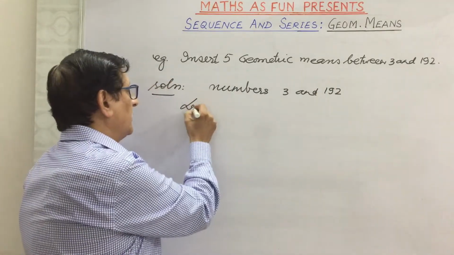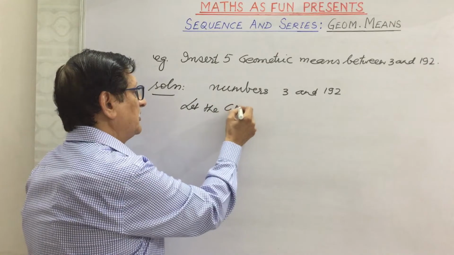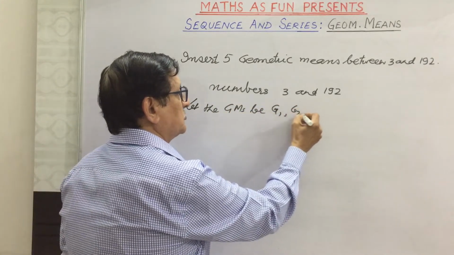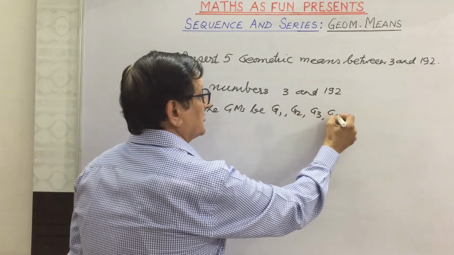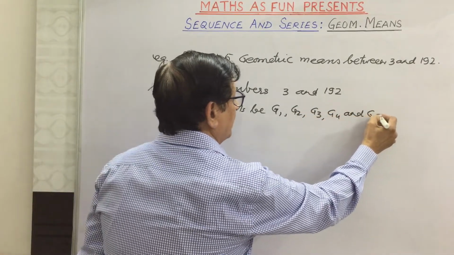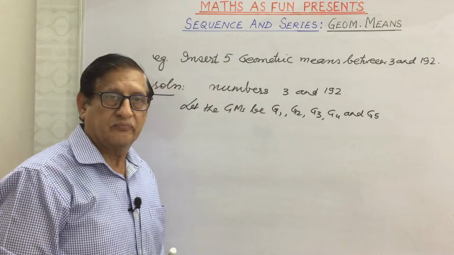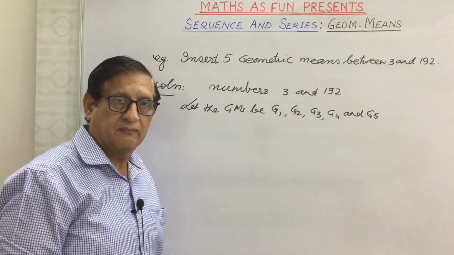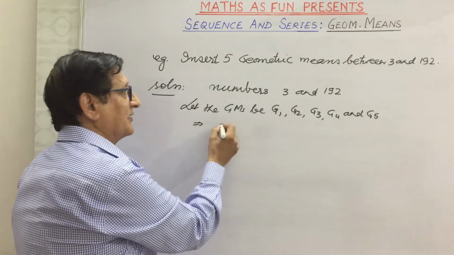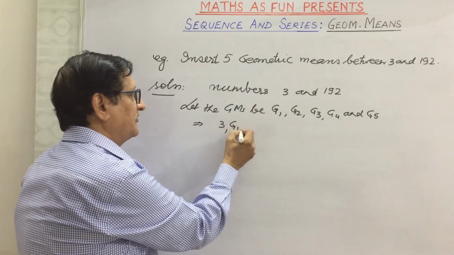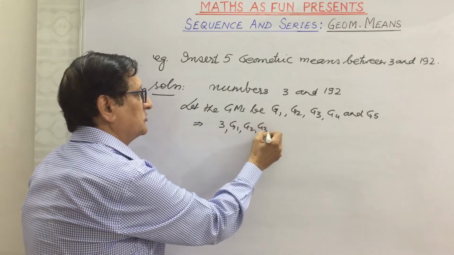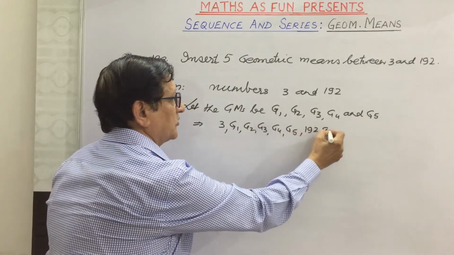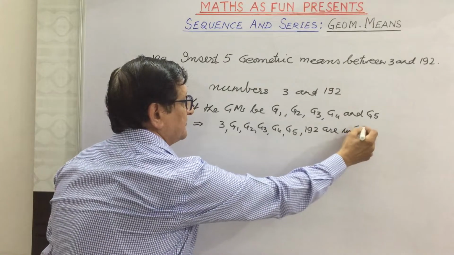So let the geometric means be G1, G2, G3, G4 and G5. Then these 5 with these numbers will form a GP. It implies that 3, G1, G2, G3, G4, G5 and 192 are in GP.